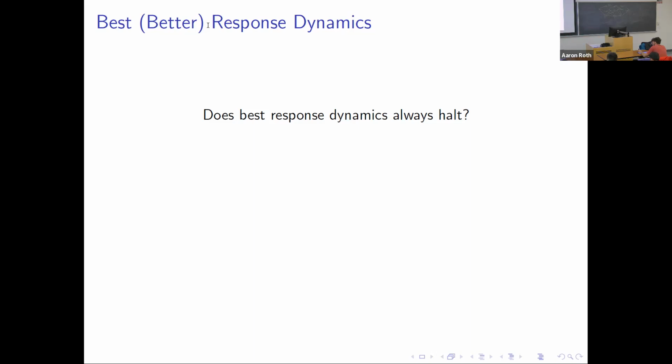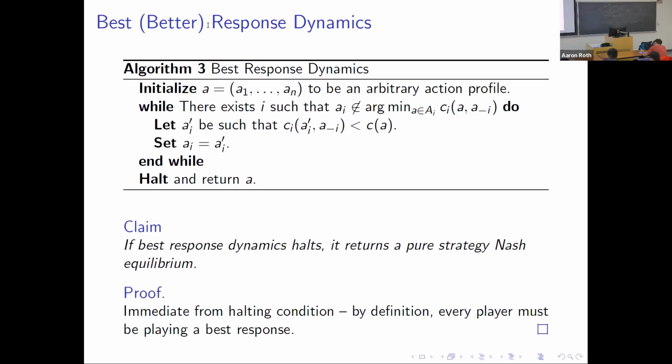That's what's happening in rock, paper, scissors. My cost going up, then down, then up, then down. We're just cycling forever. So if our hope was to prove best response dynamics always halts, we're out of luck. It's just not true. In particular, if it halts, it implies the existence of a pure strategy Nash equilibrium, so it can't possibly halt in any game that doesn't have pure strategy Nash equilibria, like rock, paper, scissors.